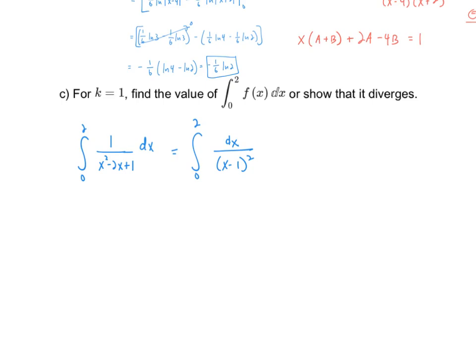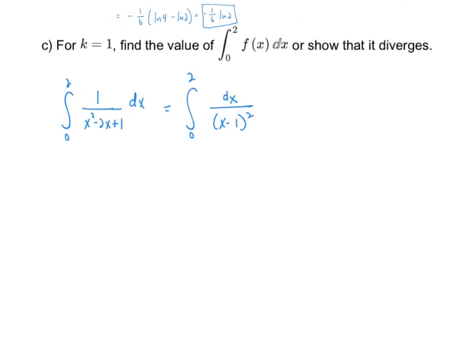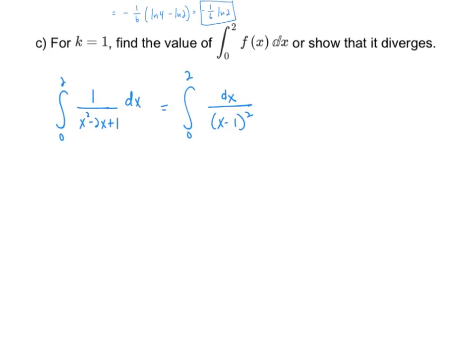So we'll have to split it up according to the vertical asymptote. Here we'll be learning something new with this one. So if we split it up, it's the integral from 0 to 1, plus the integral from 1 to 2.